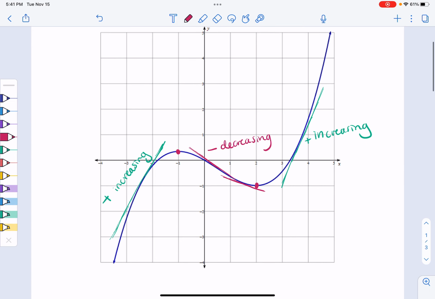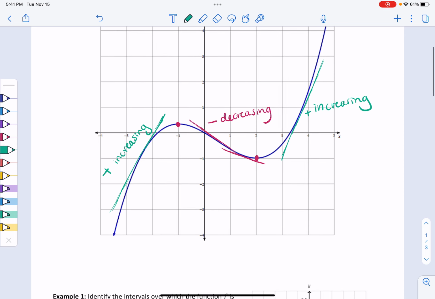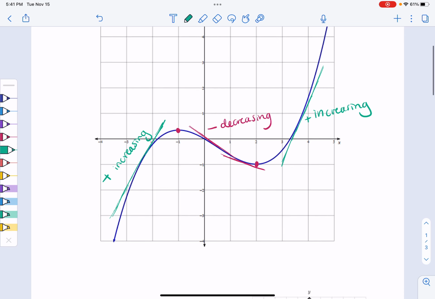So this means that for this function, it is increasing over the intervals. Let's see. Well, it's increasing from, as far as we can tell, clear from negative infinity. So in interval notation, that would be negative infinity to this point, -1.